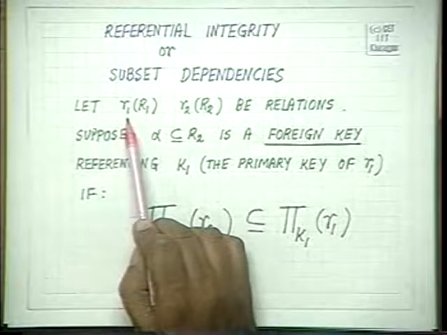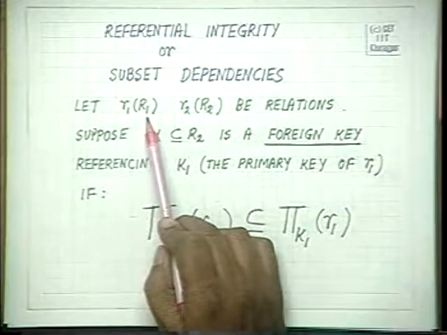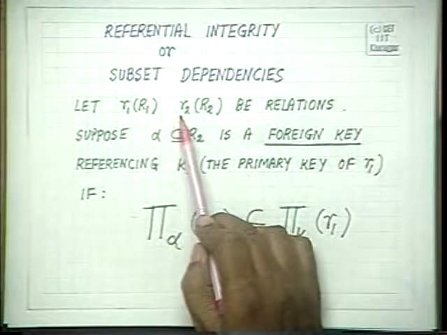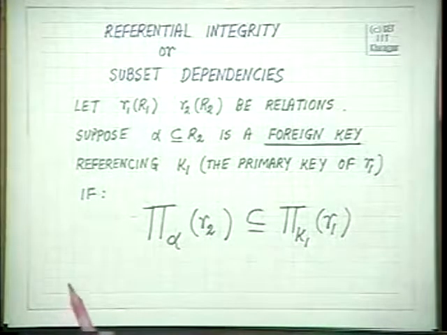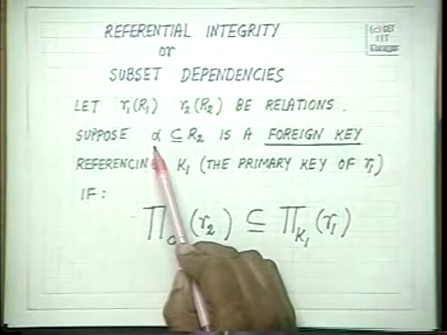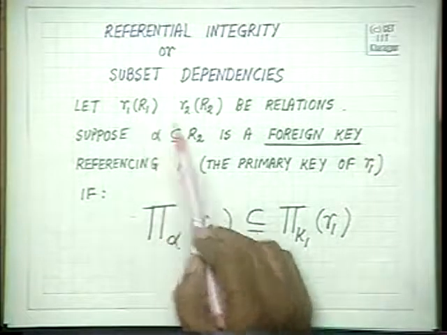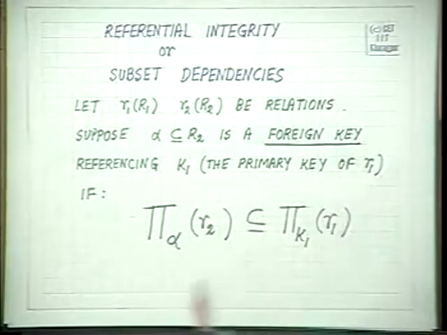Formally we say, let R1, this is the relation name, and capital R1 is its relation scheme or the set of attributes, and R2 with capital R2 be two relations. Suppose alpha, which is a subset of the attributes of R2, is a foreign key referencing the primary key of R1.